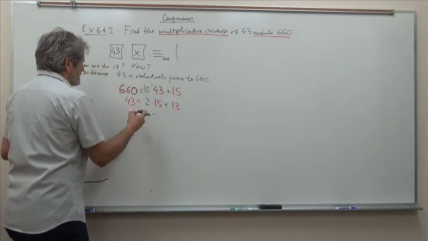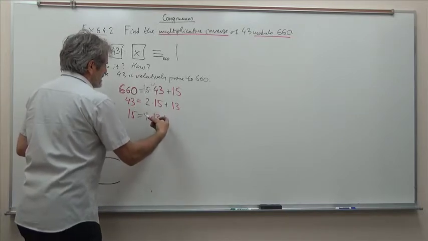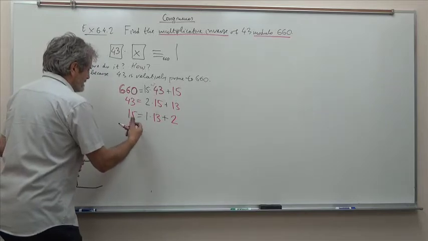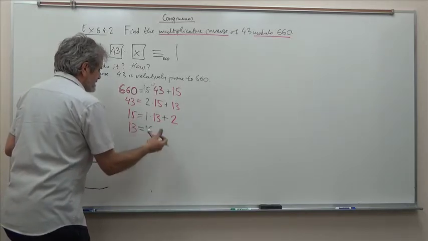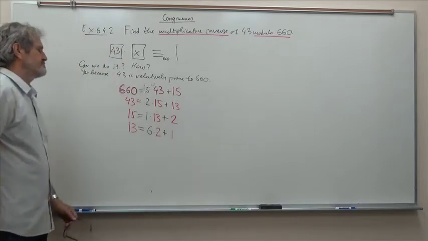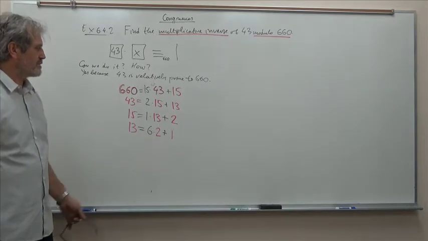Now 15 equals 1 times 13 plus 2. And then 13 equals 6 times 2 plus 1. And that's it. That's the last non-zero remainder because 2 is a multiple of 1.